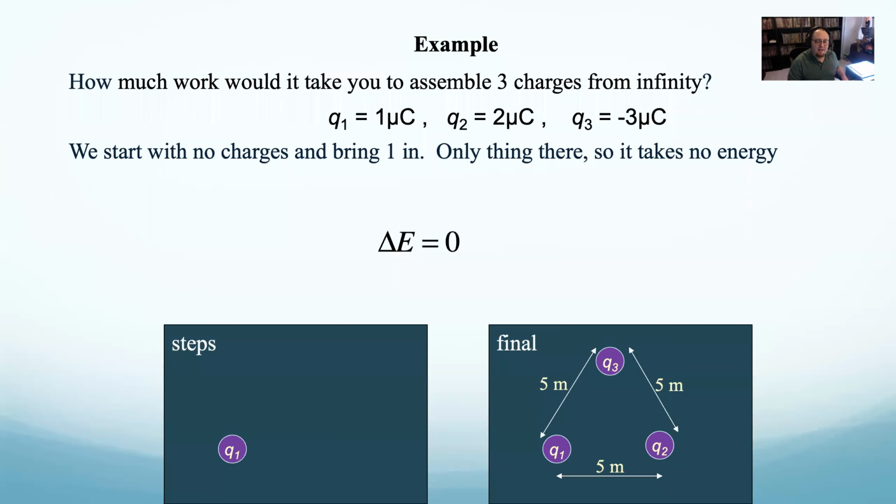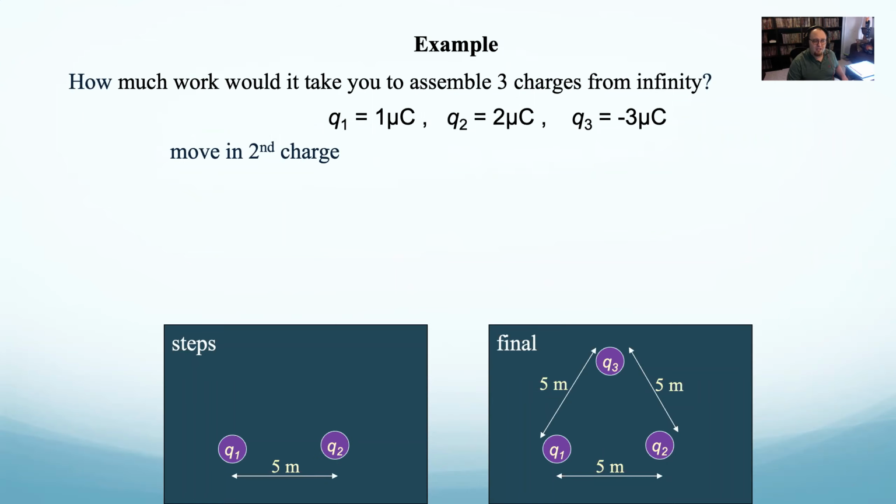But let's say I then go to add my second charge in. When I go to add my second charge, that's going to take some energy because now there's another charge. And the amount of energy it's going to take is going to be the final minus the initial potential energy. But keep in mind, I took it away from infinity. My initial is going to be 0. So the amount of energy it's going to take is just however much potential energy it ends up with, which goes by k e Q1 Q2 over r.